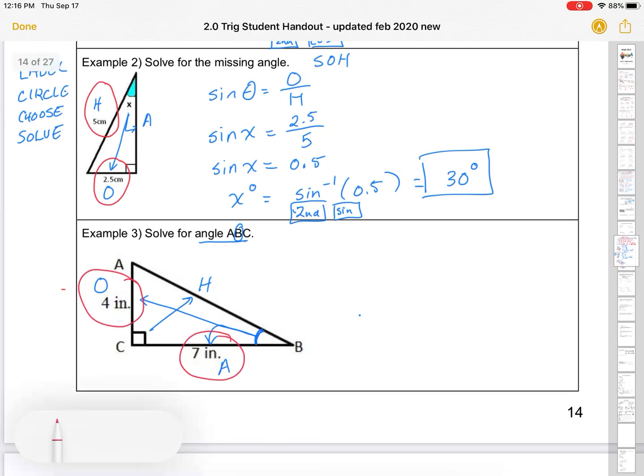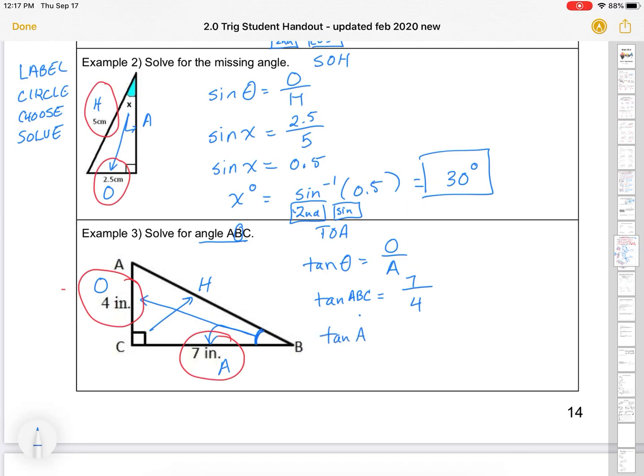Let's circle what we know. We know our adjacent and we know our opposite, so we're going to use TOA, or tan. Tan theta is opposite over adjacent. So tan of ABC, or you could just write B, equals 7 over 4, which is 1.75.